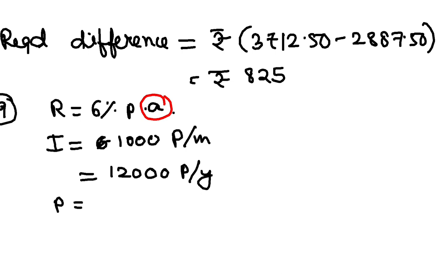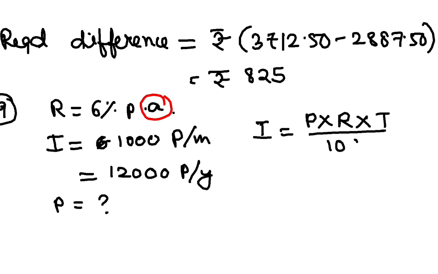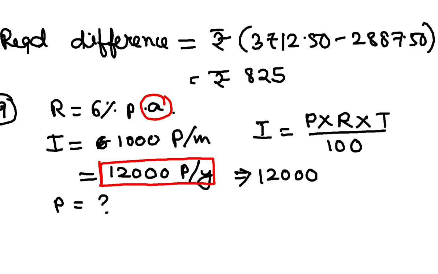So we know that SI or simple interest is P into R into T by 100. So that shall give us I equal to 12,000. I hope you have understood this part. This part is very important. 1000 per month, so 12,000 per year because 1 year has 12 months. So 12,000 is equal to P into R is 6, time is 1 year, by 100.